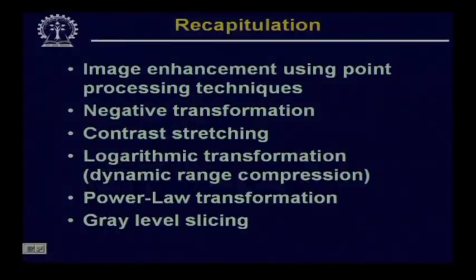The other kind of point processing technique that we have discussed is the contrast stretching operation. We have seen that contrast stretching is useful where the original image is very dark.